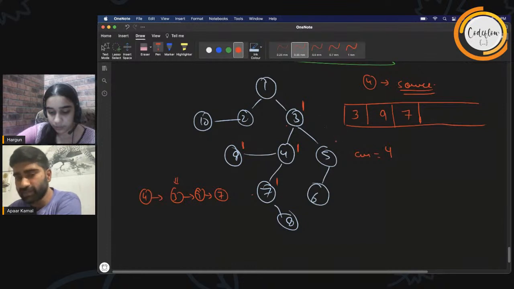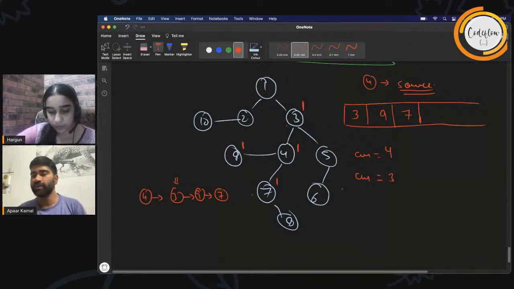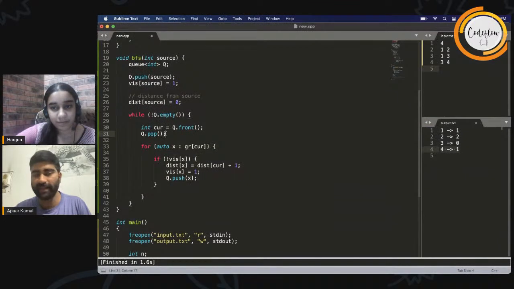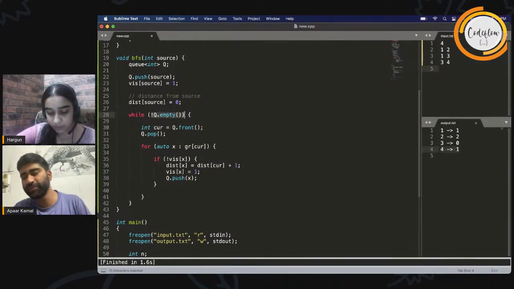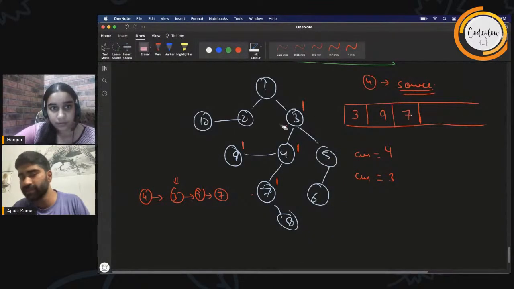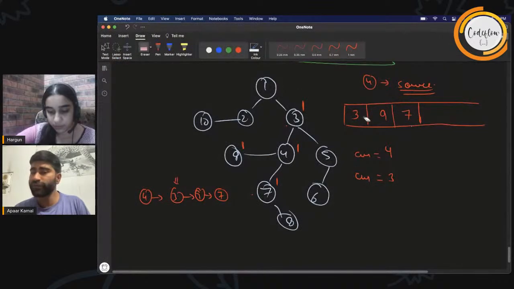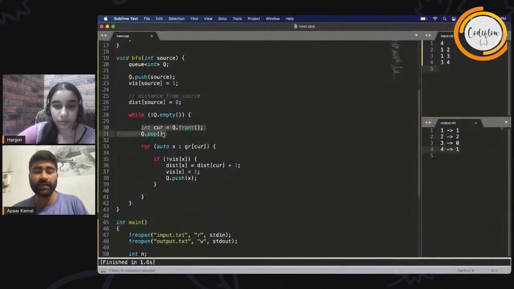Now guys, in the second lap, the current becomes 3. So if current is equal to 3, that means I have to pop it from the queue also. So I'm coming in the second iteration of the while loop. The queue is not empty because we had these 3 elements, and current is equal to q dot front, which is 3.